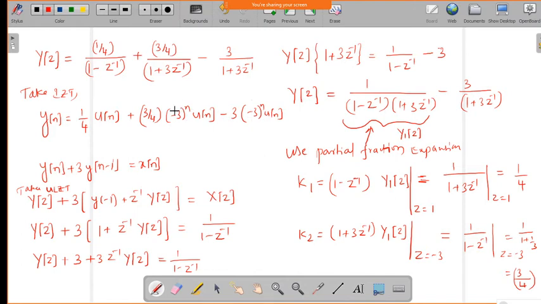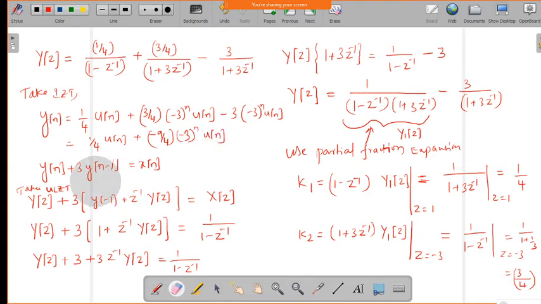Okay, so since minus 3 power n into u of n is common, we can add 3 by 4 minus 3, and you will get the final answer: 1 by 4 into u of n plus, 3 by 4 minus 3 is minus 12 plus 3, that is minus 9 by 4 into minus 3 power n into u of n.